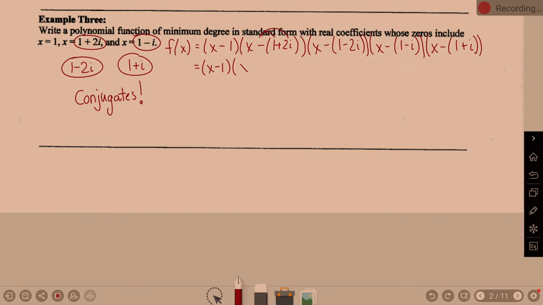That minus distributes, so it's x minus 1 minus 2i. x minus the 1 minus 2i, so that minus distributes, x minus 1 plus 2i. Next one, it's x minus the 1 minus i, so distribute: x minus 1 plus i. And the last one, distribute that minus: x minus 1 minus i.